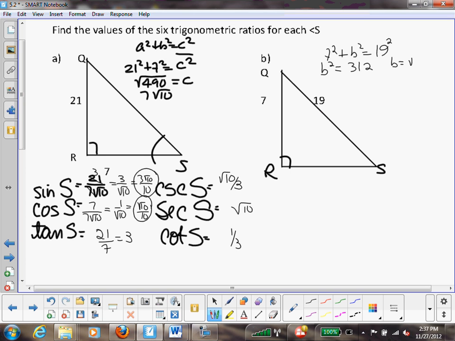So B is equal to the root 312, which I don't believe comes out evenly. Okay, so I know I can take at least 4 out of that. Okay, so this is 2 root 78.